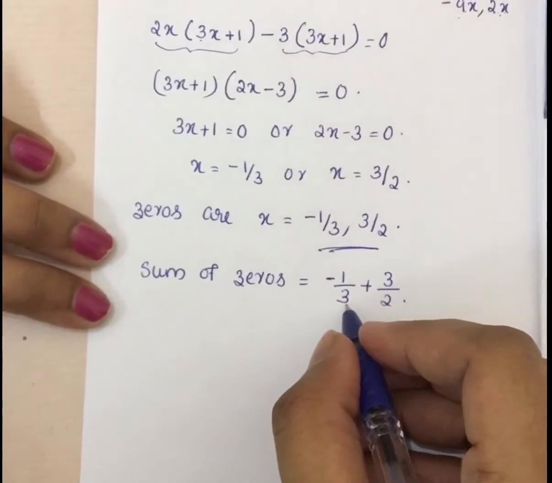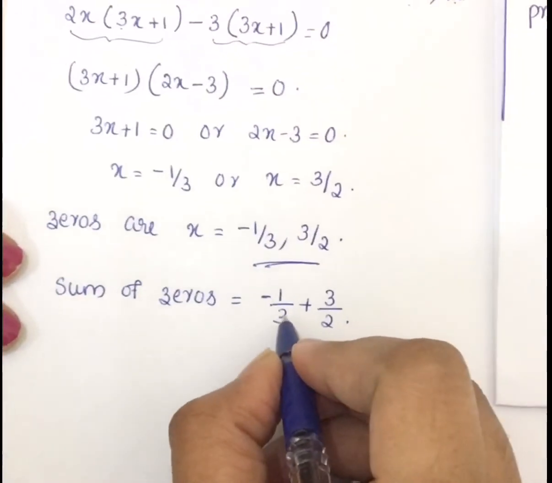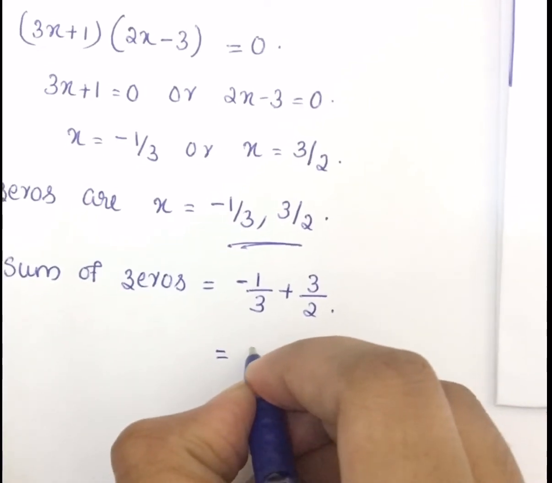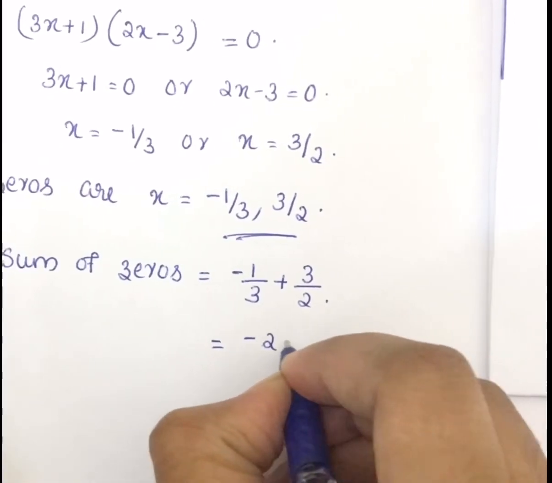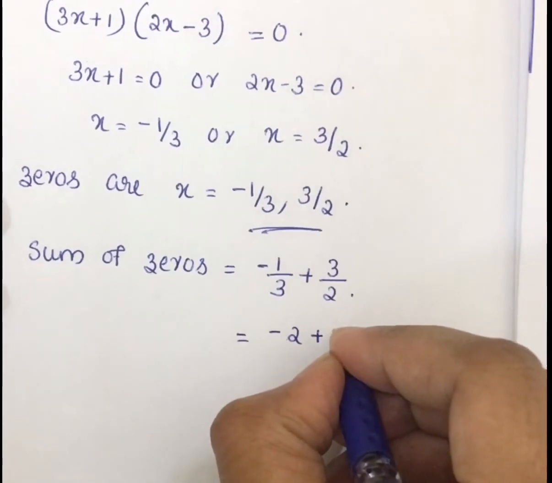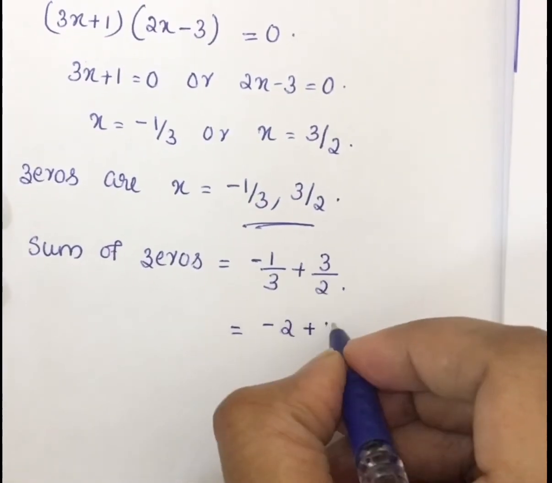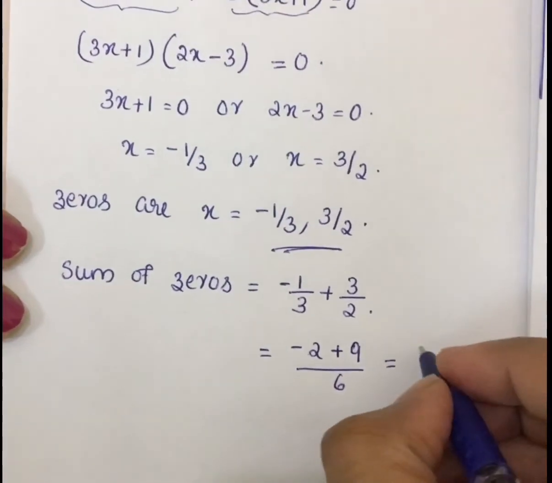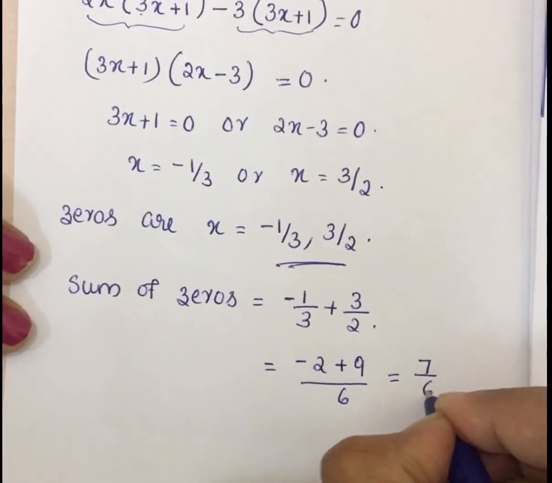Taking LCM, 6 as LCM, then it will be minus 2 plus 9 divided by 6, which is equal to 7 by 6.